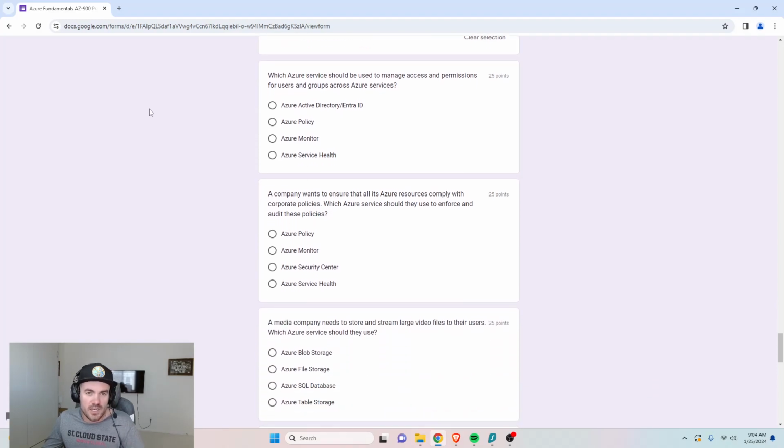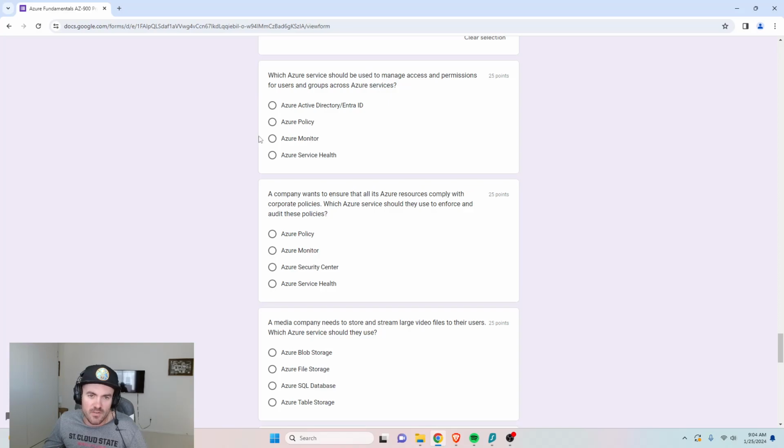All right. Which Azure service should be used to manage access and permissions for users and groups across Azure services? So managing access and permissions for users and groups. Azure Policy is more for compliance, not really managing access.